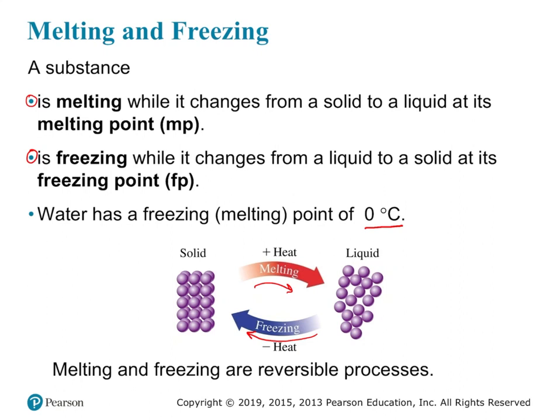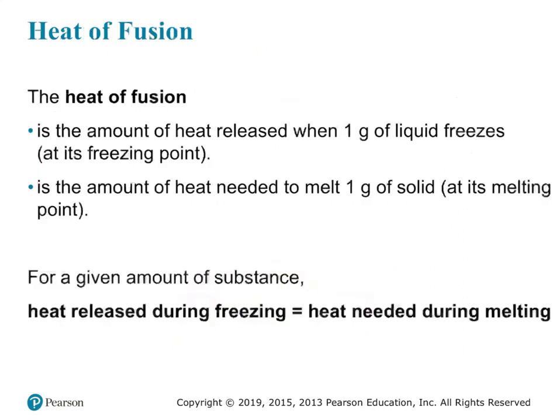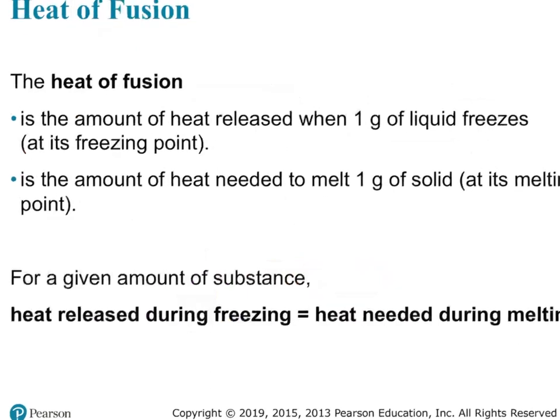So theoretically, we could take a piece of ice and melt it by adding heat, and then we could cool it and turn it back into ice if we remove heat. Now, there is a value called a heat of fusion, and that's associated with melting and freezing.